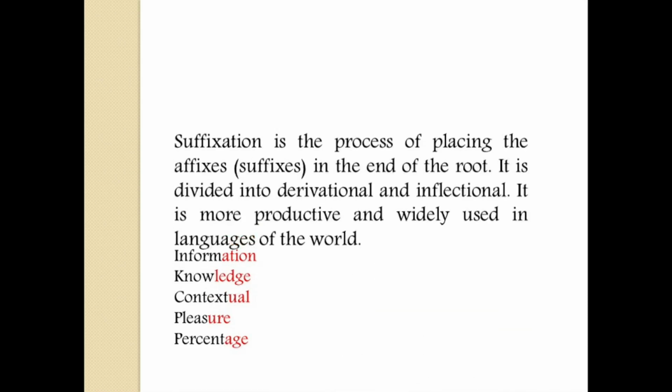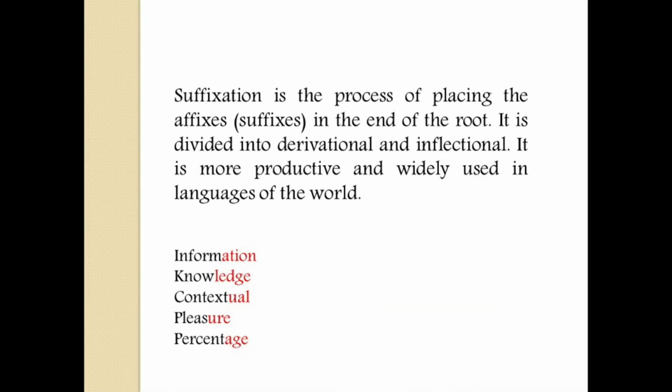So let's move to another morphological process. Here are certain examples. I started with giving examples because you already know these words. You are familiar with these words, but you may not be familiar with the morphological process used in creating them. For example, we have inform and -ation, information, knowledge, contextual, pleasure, percentage, etc. This is just suffixation.